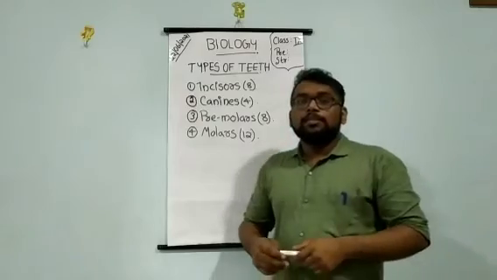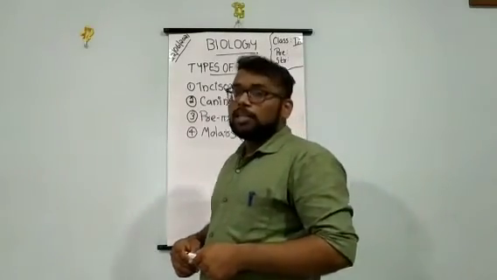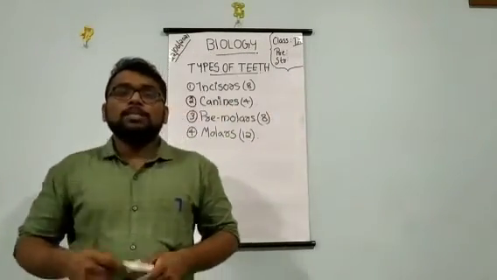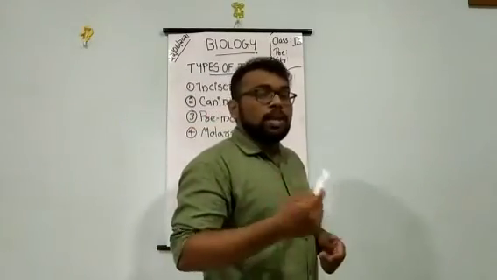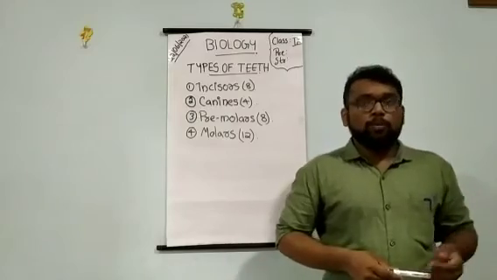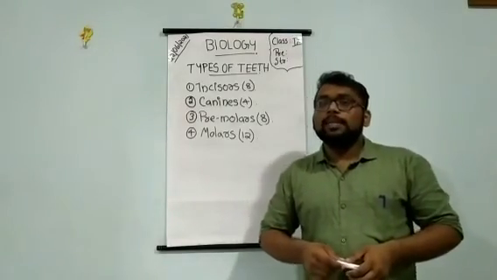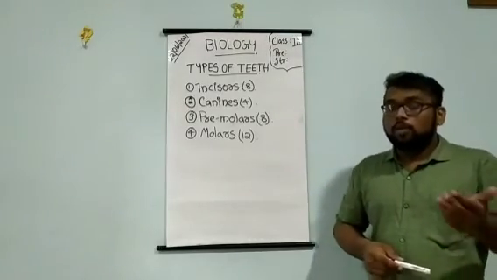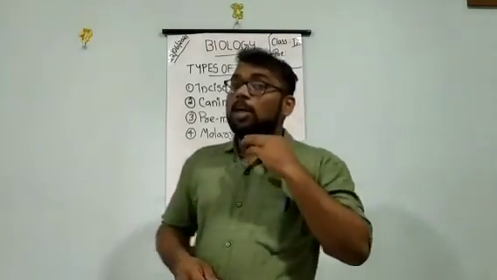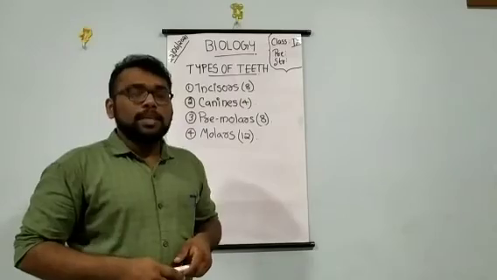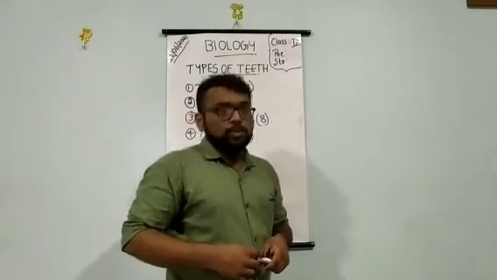Okay, then we move on to the premolars and molars. Premolars are 8 in total. Then the premolars help us to chew the food properly. Then we move on to the molars. Molars are 12 in total, 6 in upper and lower jaw. Then it includes the 4 wisdom tooth. Very good.